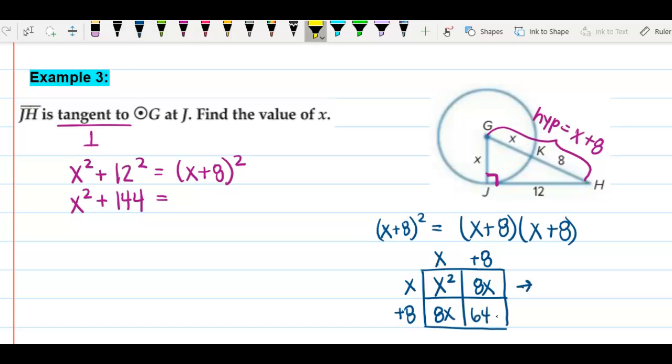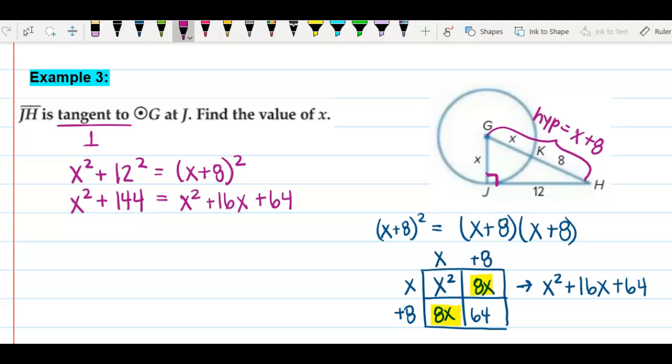So when I combine like terms from my box method, the diagonals will always be like terms, so we can combine those. So this is really X squared plus 16X plus 64. So when I go back over to my purple equation, instead of writing x plus 8 times x plus 8, I figured out, well, this is equal to x squared plus 16x plus 64.